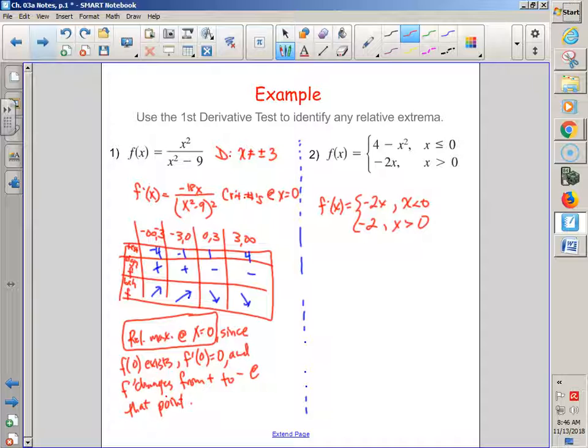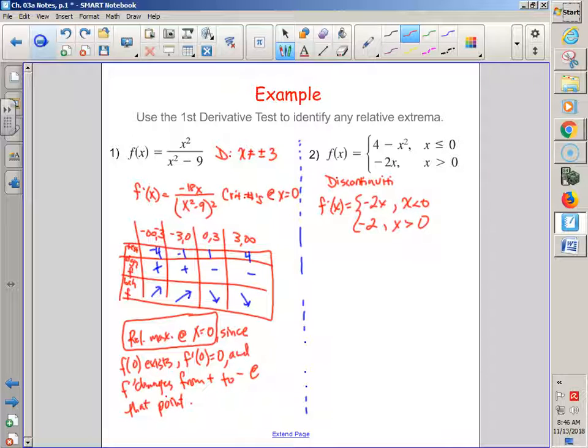So hold on, we have to ask ourselves two questions. Domain, any discontinuity problems or domain problems? And then critical numbers. Now, domain problems, this says negative infinity to 0 and 0 to infinity, including 0, so there's no domain problems. This exists for all values of x, but are there any discontinuities?